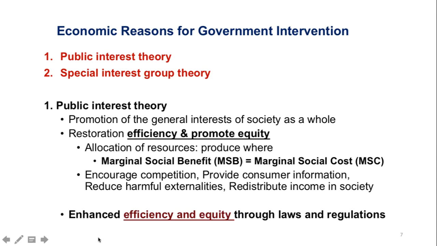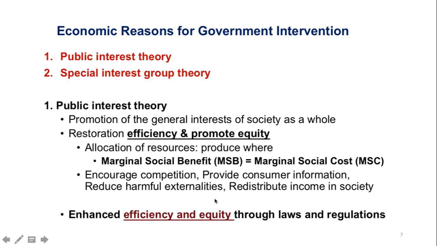But there is a trick here. There is a trade-off between efficiency and equity. It means that if the government wants to increase efficiency, then they have to encourage competition. And with competition, some people cannot compete. Therefore, there will be increasing inequality, and we are dealing with the problem of equity.